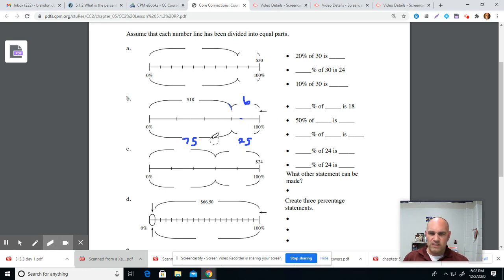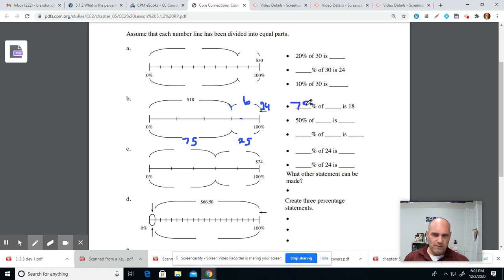Oh, we need 100% of whatever of this price, don't we? Well, if this is 18 and this is 6, then altogether everything has to be 24, would be 100% of it. All right, so we got that filled out. So let's see, blank percent of blank is 18. Well, here's my 18, and this is 75%.